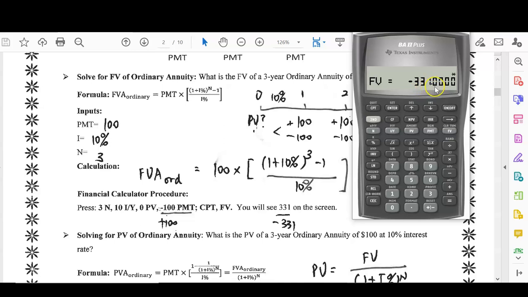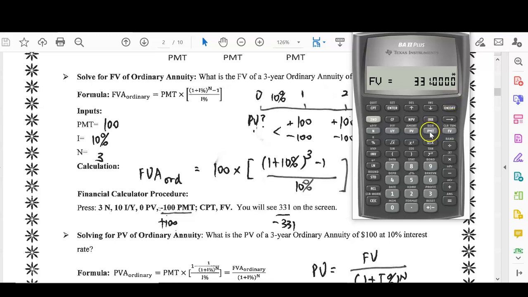Alternatively, you can also input payment as negative 100, which means you're depositing or paying $100 at the end of each year for 3 years. Then if you compute for future value, you're going to see a positive number, meaning you're going to withdraw 331 after 3 years.